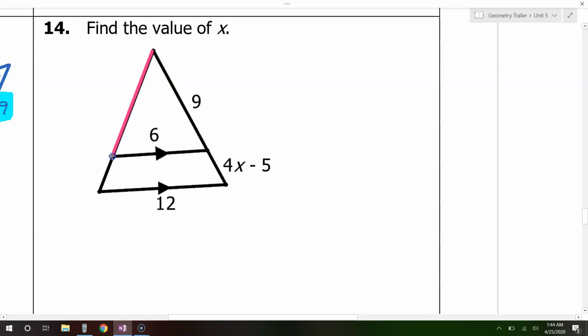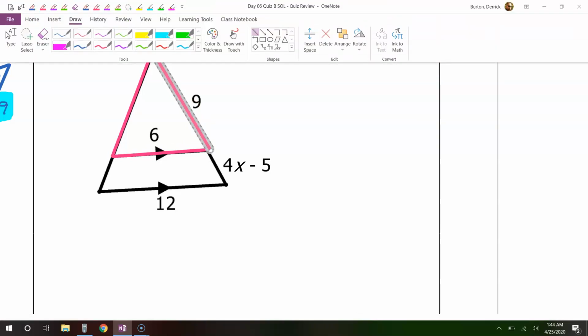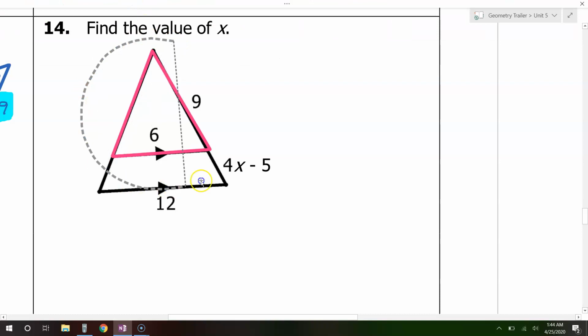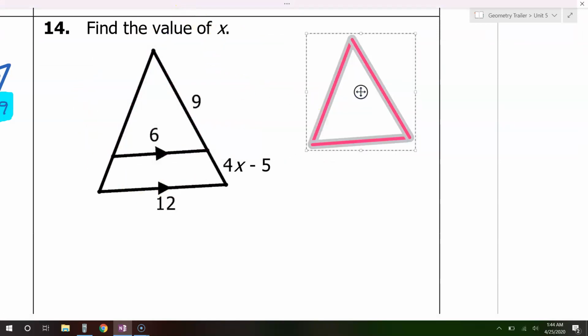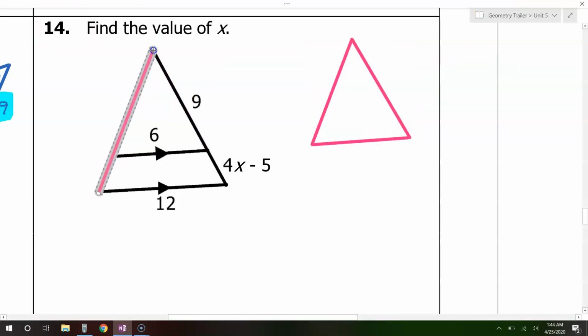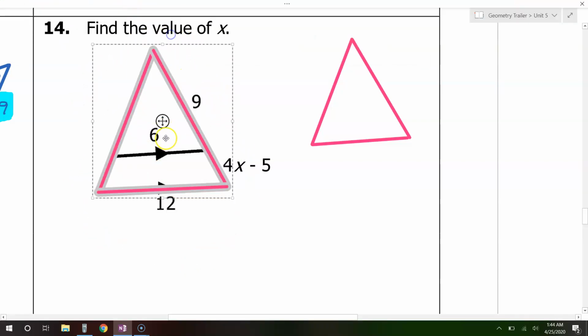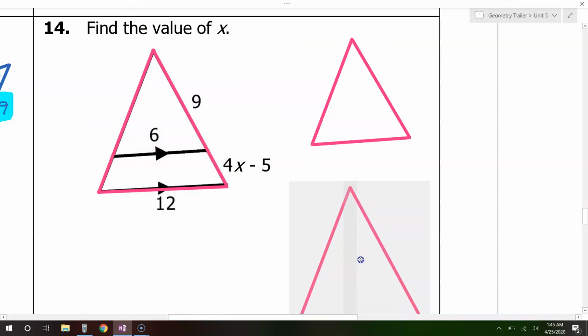So here's the smaller triangle that I am tracing. All right, I'm just going to put that right here. And now I'm going to trace the larger triangle. Okay, draw the triangles separately. That's the secret. That is the whole secret, people.